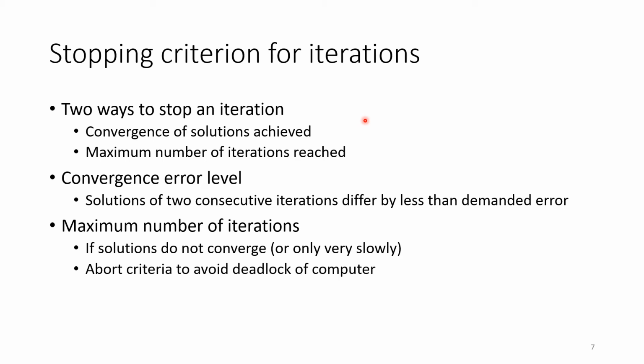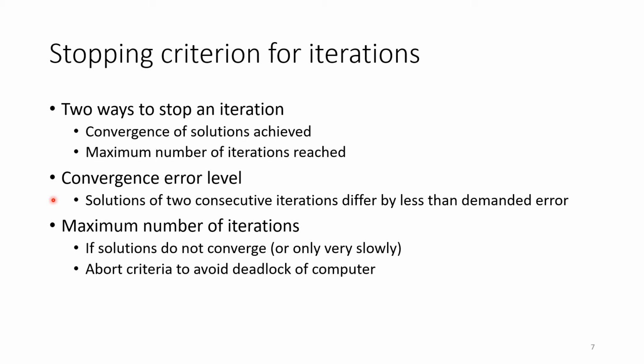If this difference is too large, you start the whole process again, but now you use the result from the previous iteration as the initial conditions and do your calculations again. This way you hope that, if the solution is convergent, the error becomes smaller and smaller, so that the change between the solutions of subsequent iterations becomes less and less. At some point, they are hopefully less than the demanded convergence level, which is the level of error that you're still okay with.